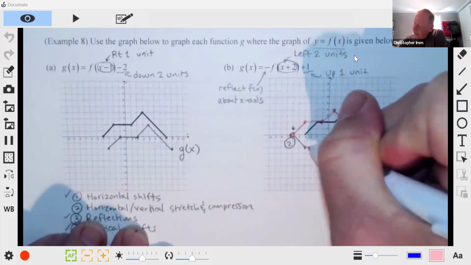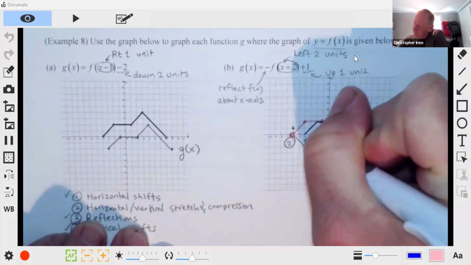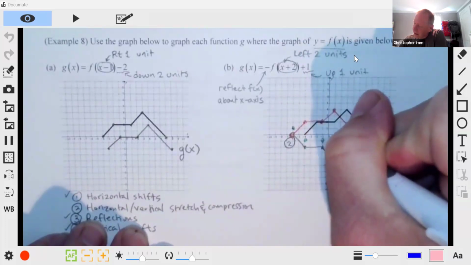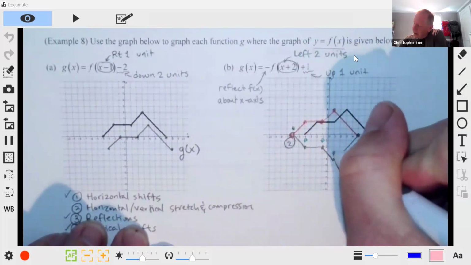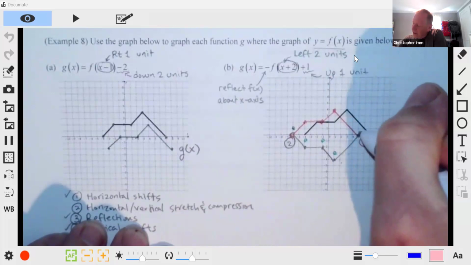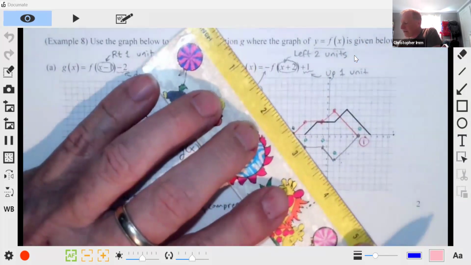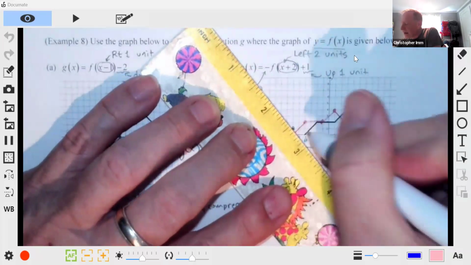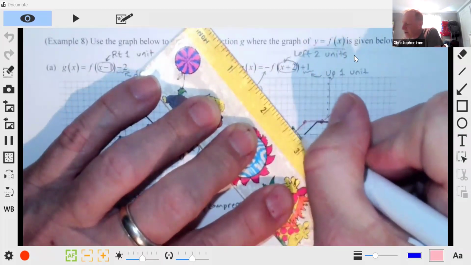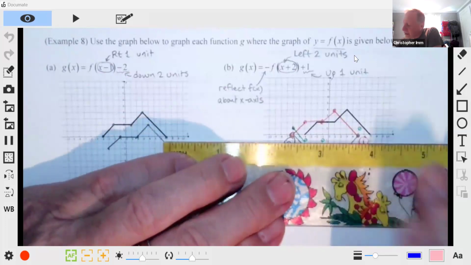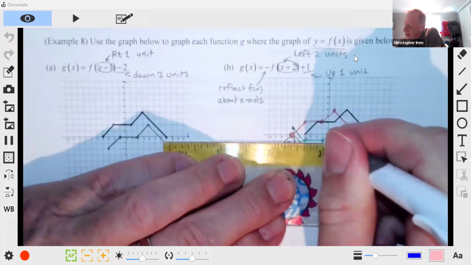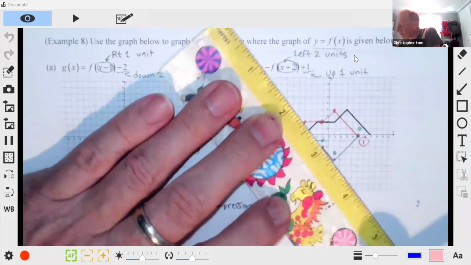So we're using this second step here, up 1 unit, up 1 unit, and up 1 unit. So now, even though we don't have the function rule, if we have the graph, we know how to change things now. So this green graph will be g of x in this case.